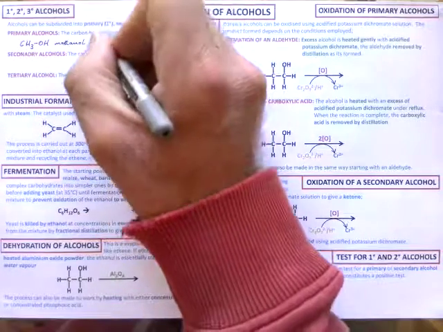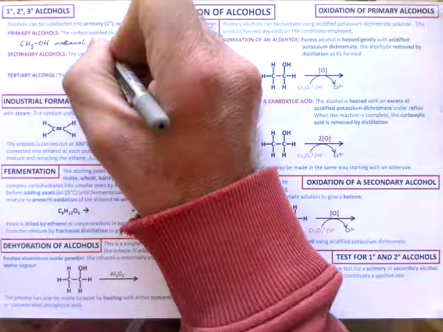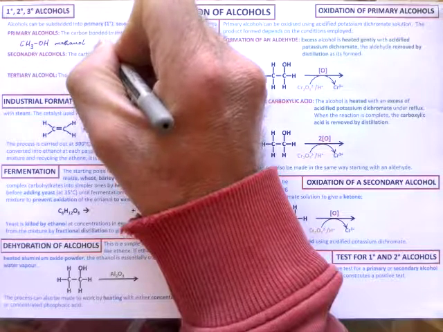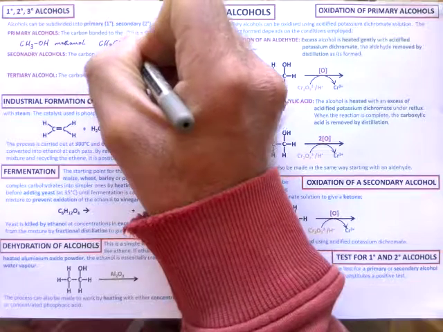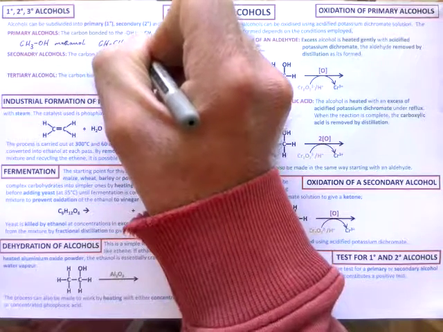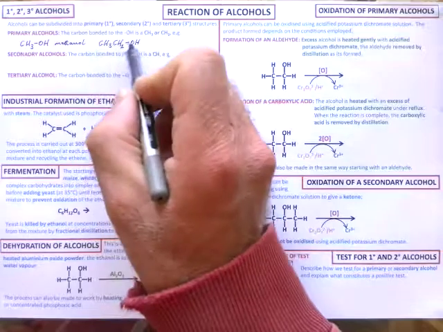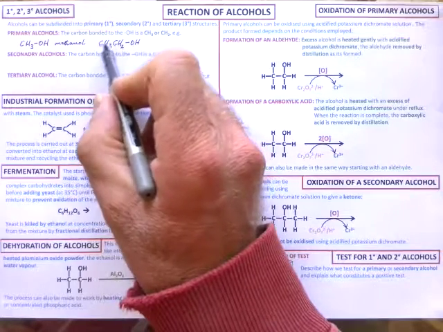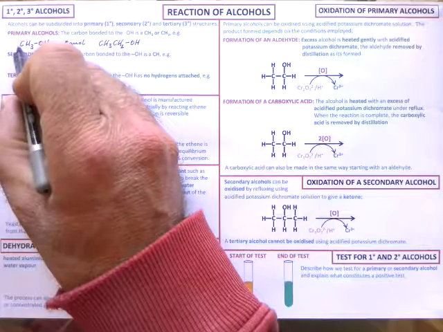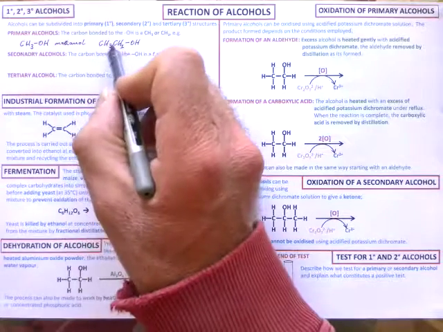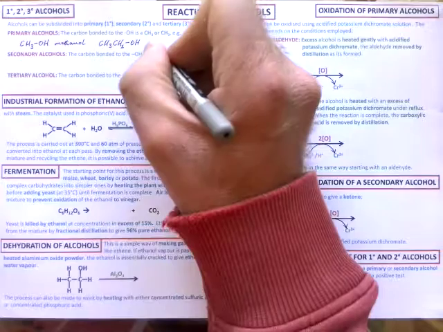Alternatively, we could have ethanol also as an example of a primary alcohol. Again, just one carbon. The carbon that's bonded to the OH group has just got one carbon coming off it. In this case, obviously with methanol, there are no carbons coming off it. You can't get any simpler than that. But ethanol is also a primary alcohol.